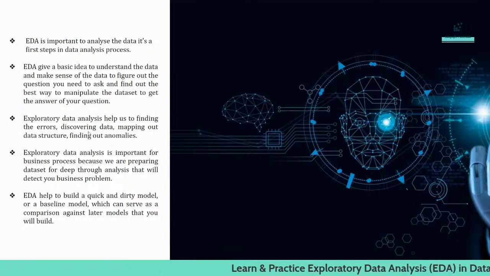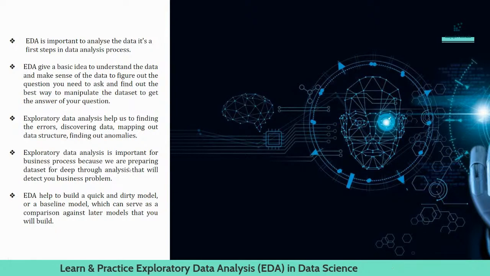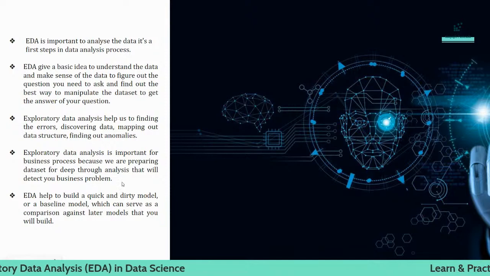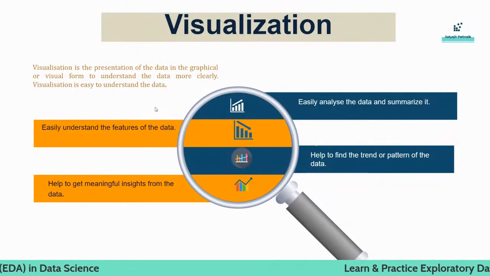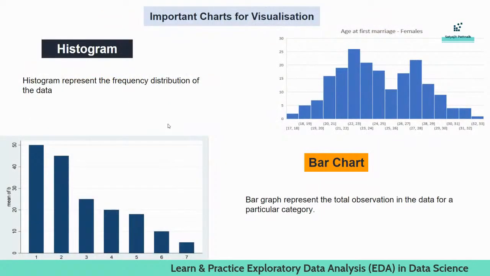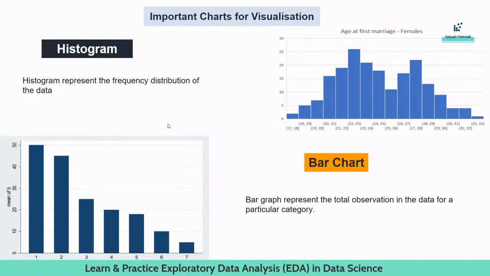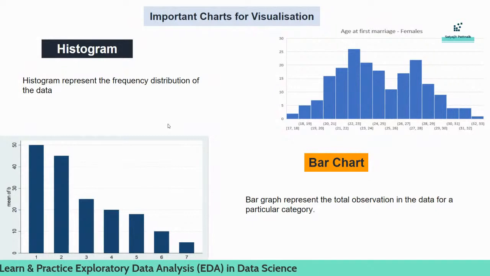It is very helpful. It is important for the business process because we are preparing the data set for deep, thorough analysis that will detect your business problem. So visualization is the presentation of the data. A lot of theoretical things are there. I will try to give this particular slide to you so that you can go through it. Just give me 1 second, guys.